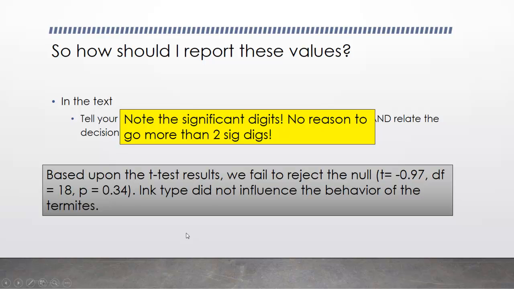Now I want you to note here, I only use like 2 significant digits. I don't know that there's a real rule about this, but there's no reason to go more than 2 significant digits. Even though the software gives you like 8 digits, don't use them all. It's just ridiculous. So just round everything off to 2 decimal places, really.